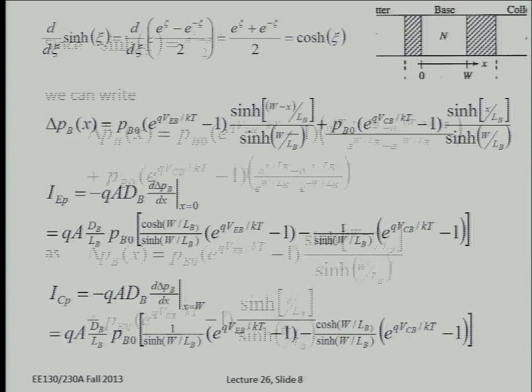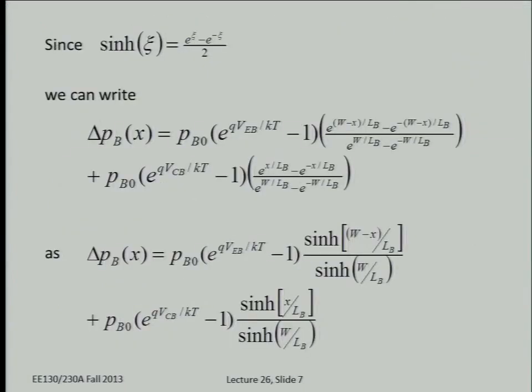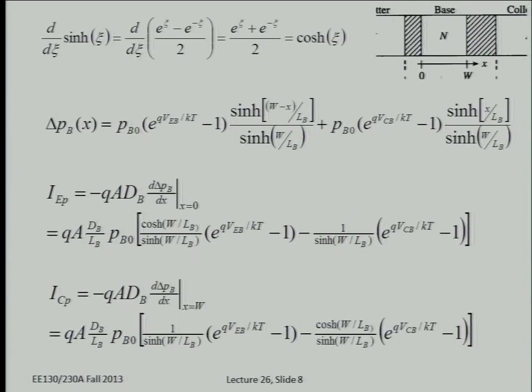So now we have this expression for excess carrier concentration in the base. Now we have to take the derivative to find the current, right? The current at the edge of the emitter junction, that's I_EP, and the current at the edge of the collector junction, which is I_CP. So the derivative of the hyperbolic sine is the hyperbolic cosine of the same argument.